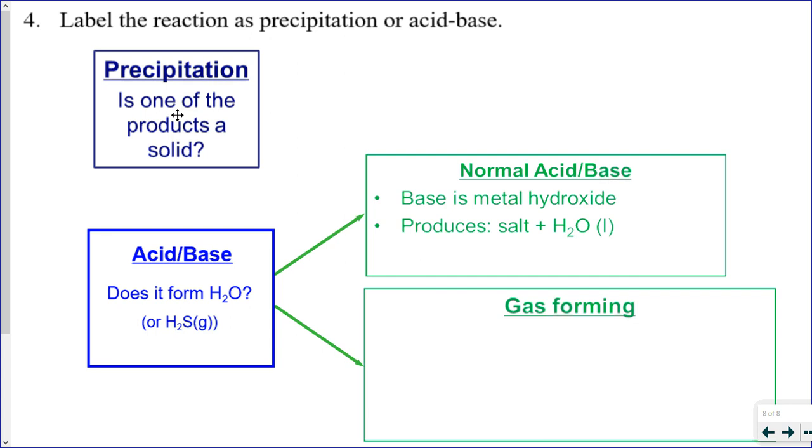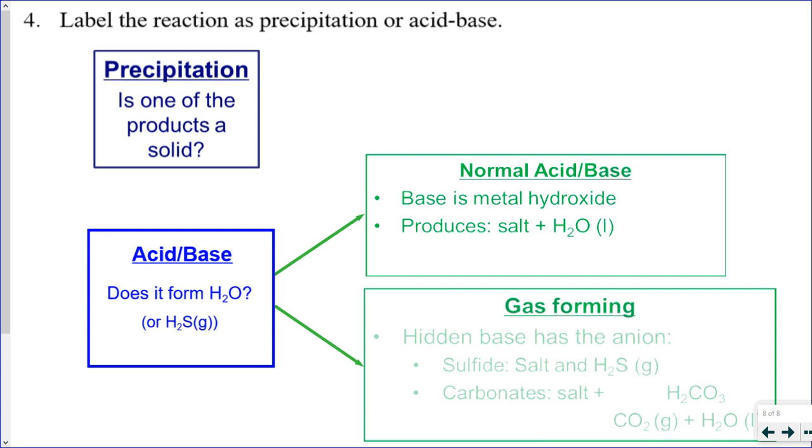That's one form. The other one that your book mentions that I want to make sure you at least have a working understanding of is sulfide, which would be an example of one of those things that's a hidden base. It's actually accepting a proton, which is what bases do. It's just that until you know more chemistry, you might not know that's what would happen. So if you form water or H2S, then you have an acid-base neutralization.